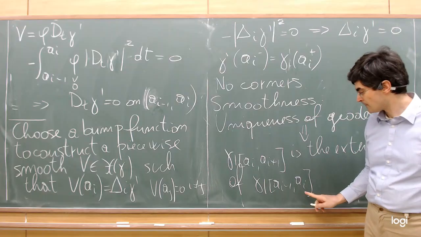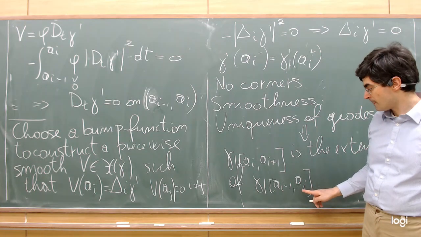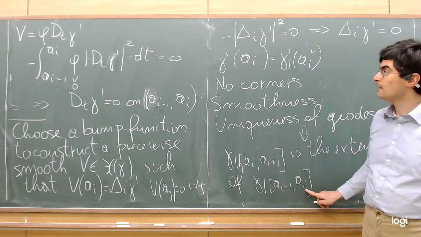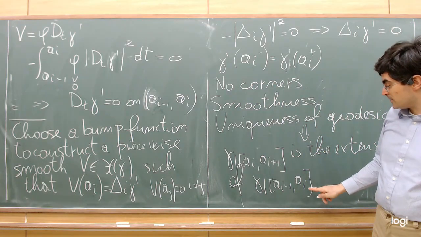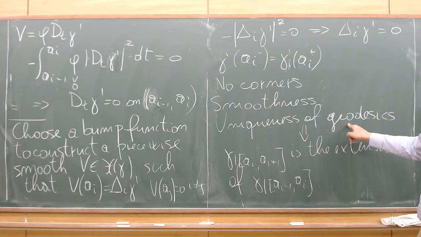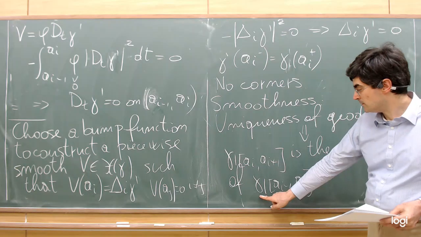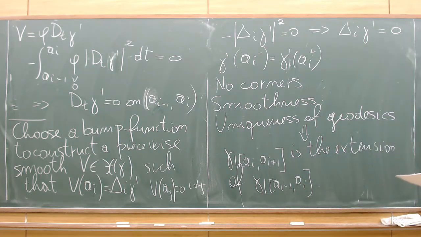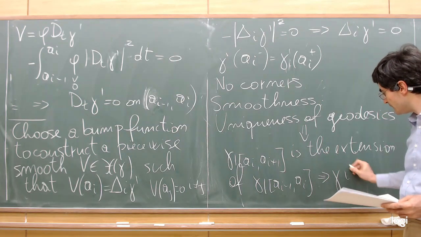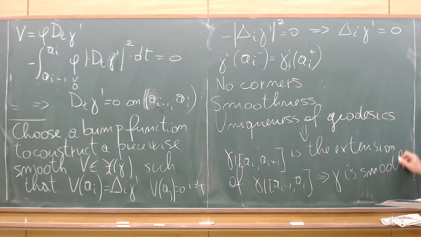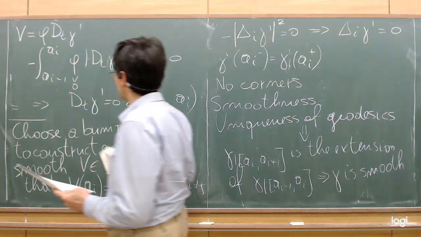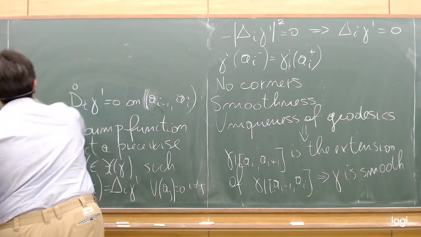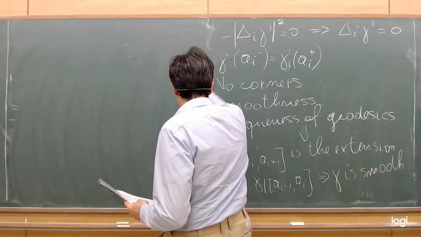Because you can construct a geodesic starting at gamma a_i with initial velocity vector given by gamma prime a_i, and uniqueness of geodesics says that this is the extension of this, and this implies that gamma is smooth because the restriction of gamma to each subinterval is smooth. So this is the end of the proof.